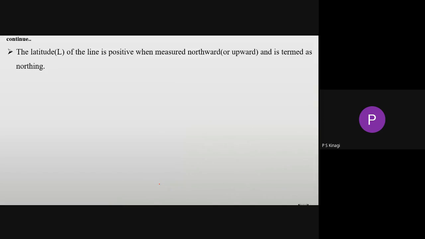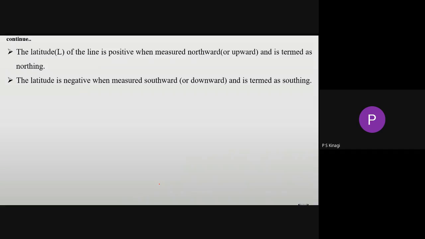Coming to the next one, continuation of the previous one. The sign convention of the latitude and departure depends upon the positions of the quadrant. If the latitude line is measured towards the north direction, it is called northing and is positive.